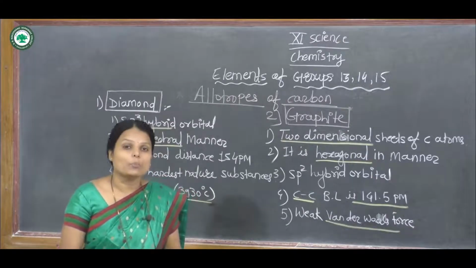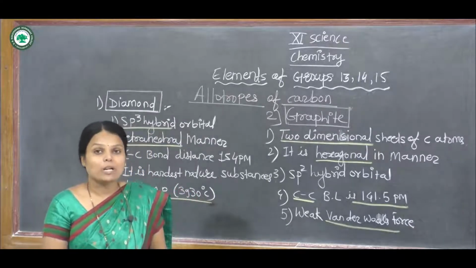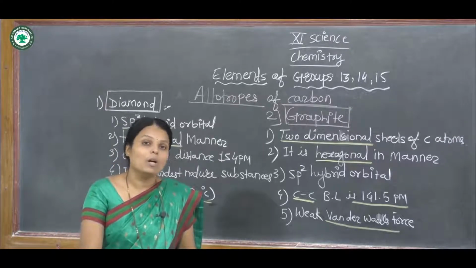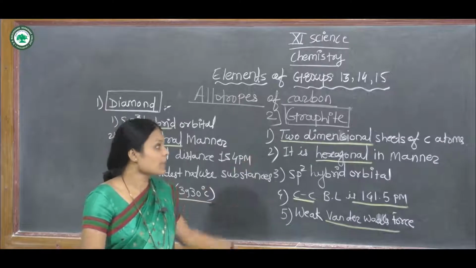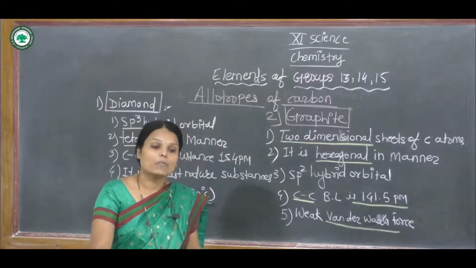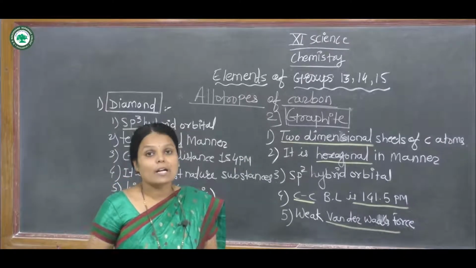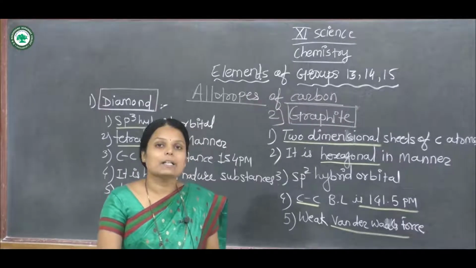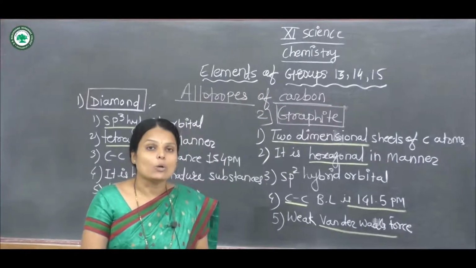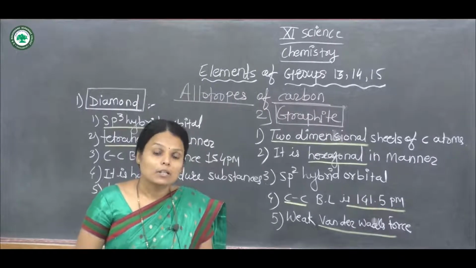There are 5 allotropes of carbon: the first one is diamond, the second is graphite, the third is fullerene, the fourth is carbon nanotubes, and the fifth is graphene.